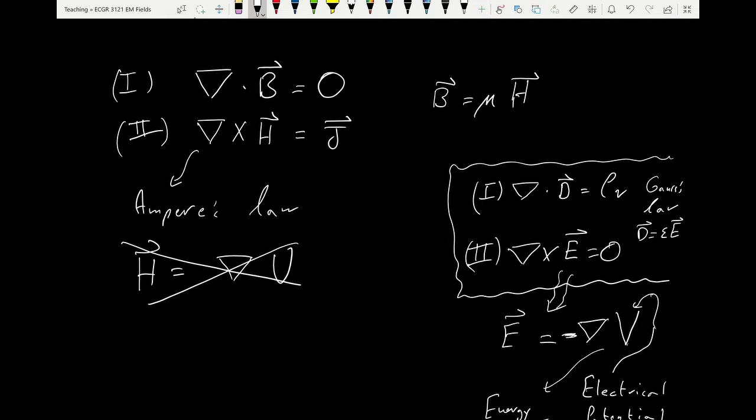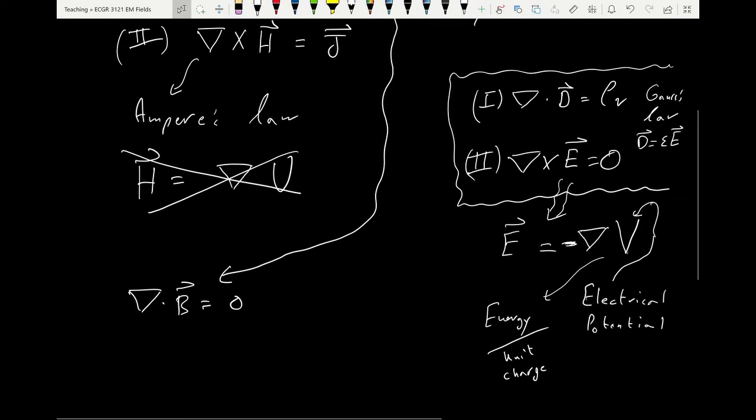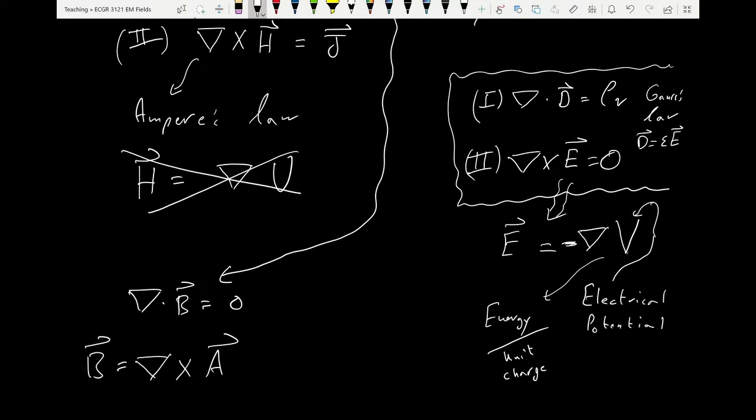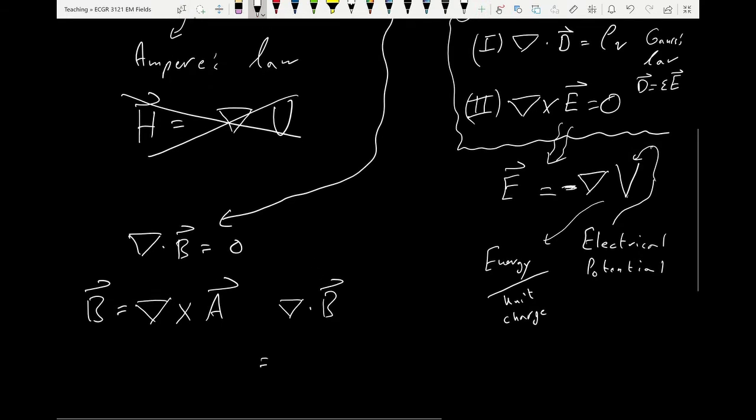However, we could exploit the fact that the divergence of B is zero. How can we exploit that fact? Well, what kind of field, if we take its divergence, are we sure to get zero? A curl field, right? If B equals the curl of some other field A, then the divergence of B has to be zero, because it's equal to the divergence of a curl field.